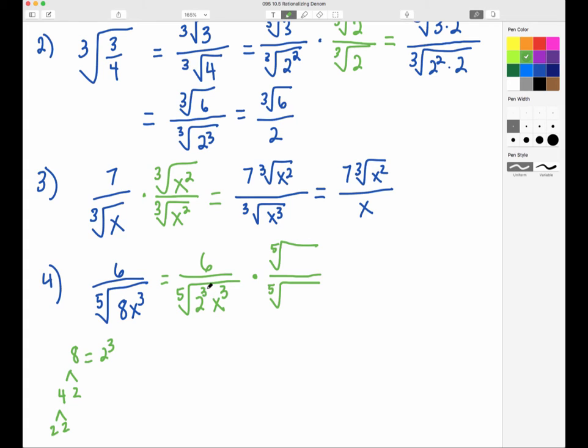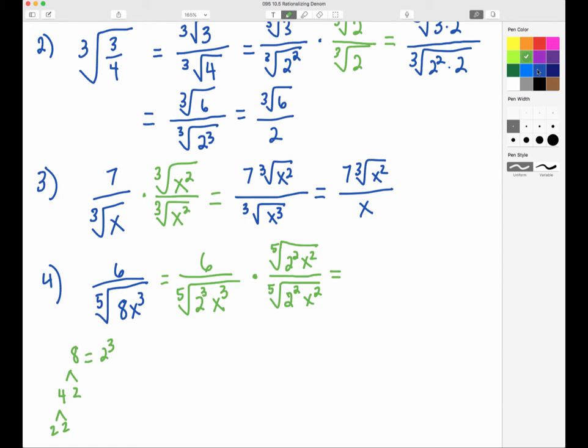So if I have 3 2's, but I need 5, I'm short by 2. So 2 squared. Because now when I multiply these radicals together, I have 3 of them over here, 2 of them over there for a total of 5. If I have 3 x's over here, I need to have 2 more, so I get my x to the 5th. And then on the numerator, just repeat everything. 2 squared times x squared.